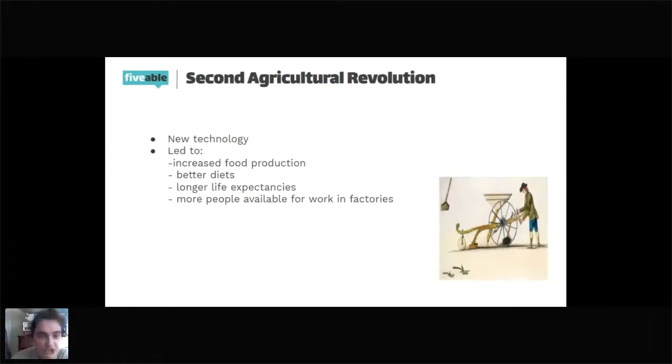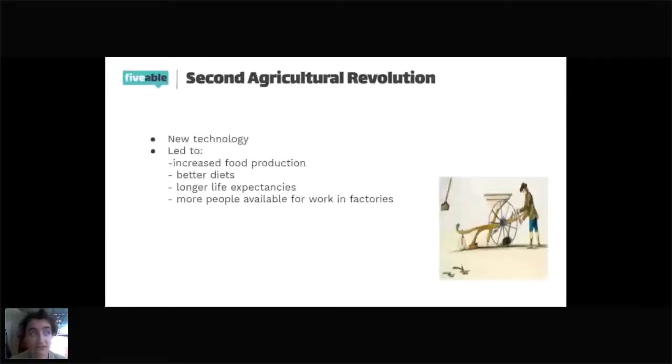Okay. So, second agricultural revolution. The second agricultural revolution is when technology introduced this whole agriculture, right? I believe this happened in the 1600s, 17th century, right?